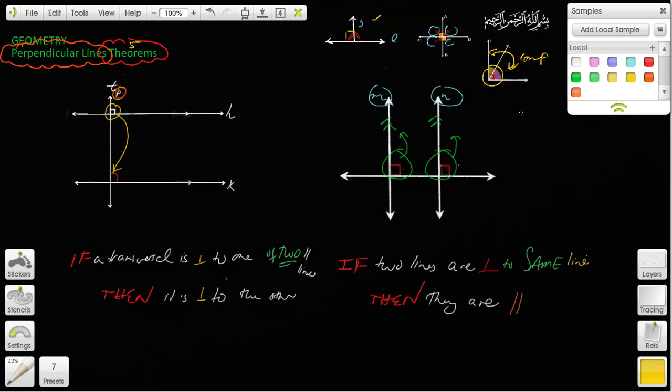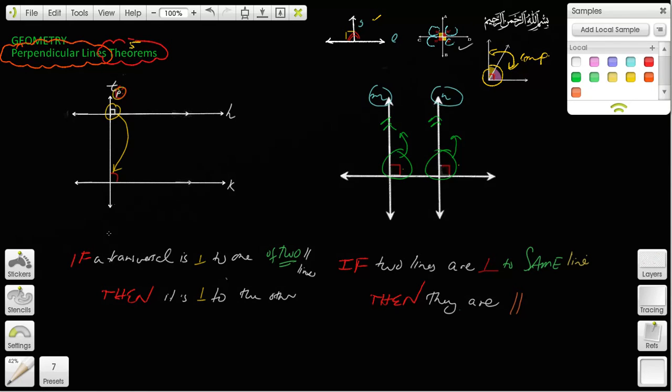So these are the five theorems that you have learned in this chapter about perpendicular lines. First is the linear pair congruent theorem: if two lines intersect to form a congruent linear pair, then they are perpendicular. This one says if two lines are perpendicular, then they give four right angles. This one says if two sides of adjacent angles are perpendicular, then the angles are complementary.